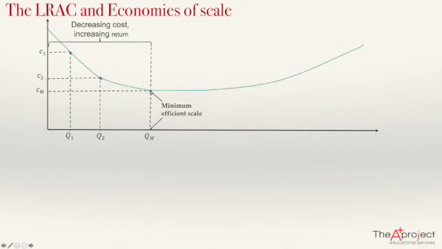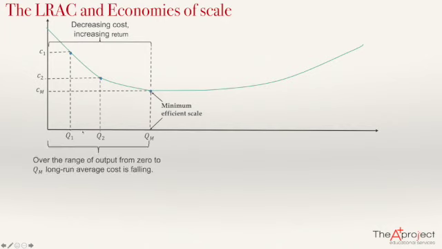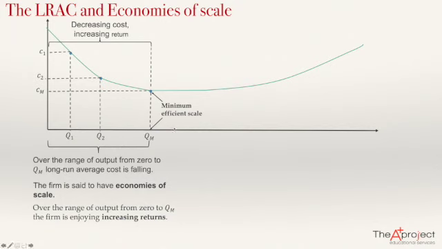This point in which the firm is working most efficiently will be called the minimum efficient scale, and at that point the average cost is minimum. Over this range of output from 0 to QM, from 0 to the minimum efficient scale, the long run average cost is falling, and the firm is said to have economies of scale. So we can say that the minimum efficient scale is the smallest output at which the long run average cost reaches minimum.